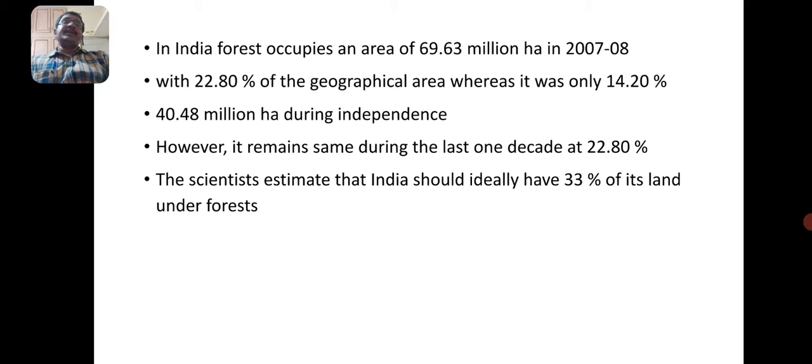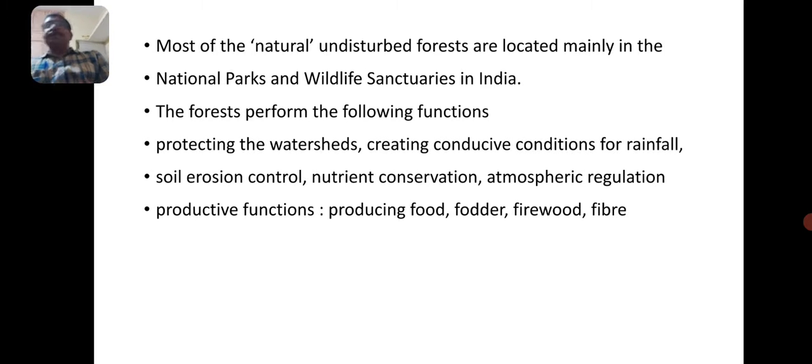However, it has remained the same during the last decade at nearly 22.8%. Scientists estimate that India should ideally have 33% of its land under forest. Most of the natural undisturbed forests are located mainly in the national parks and wildlife sanctuaries in India.